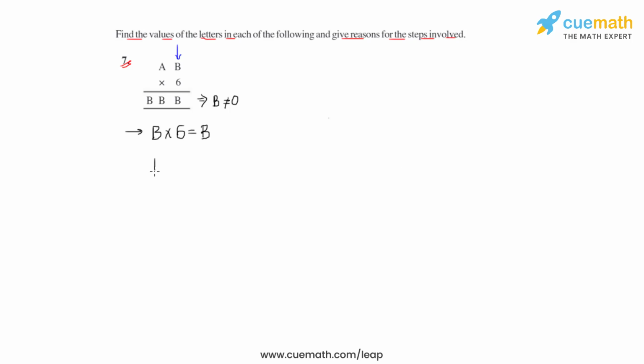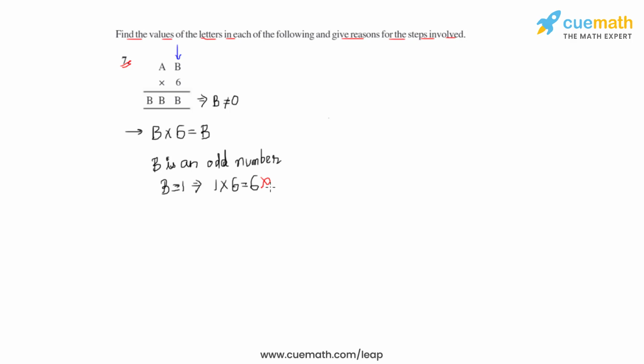Now let us see what happens if B is an odd number. Let's say B is 1. If B is 1, the product of 1 times 6 results in a 6 and not in 1.